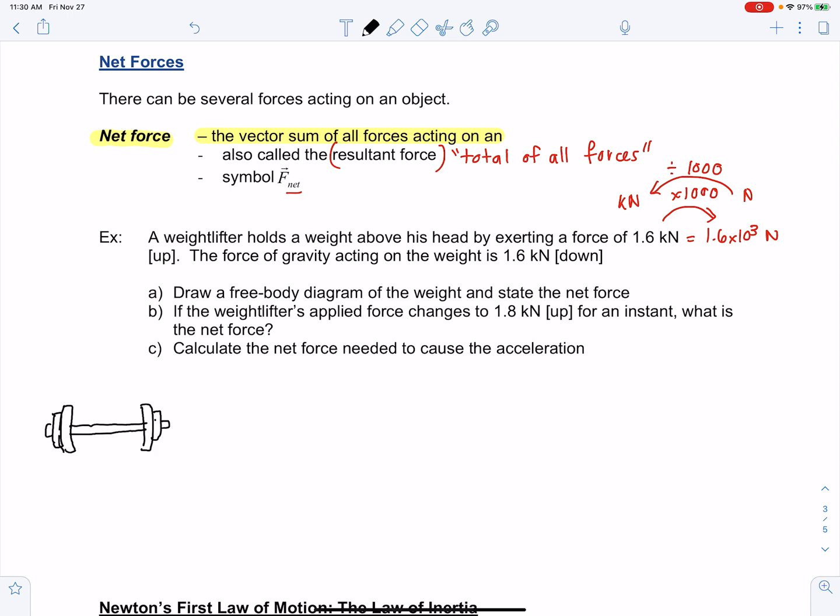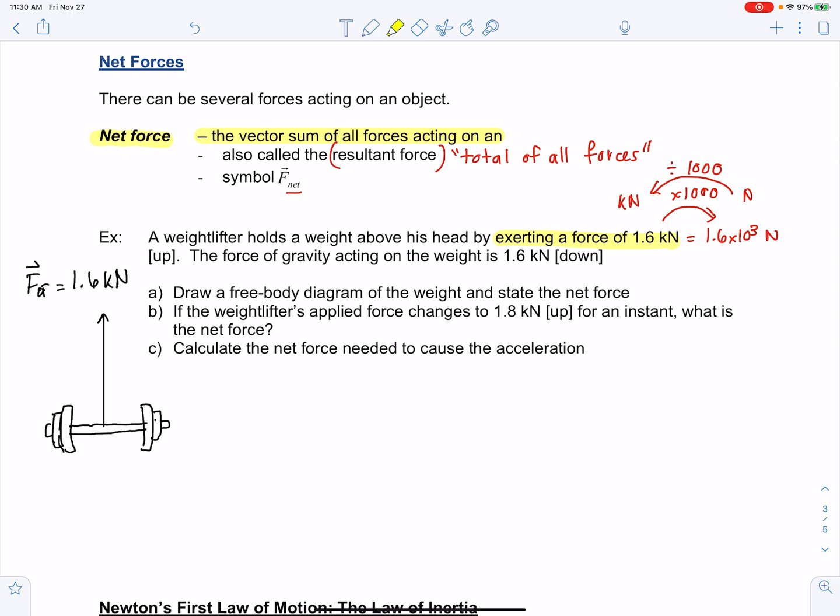And we know that there is the force exerted by the weightlifter in the upward direction. We'll call this the applied force. We'll give it the little subscript A for applied force, and it's 1.6 kilonewtons.